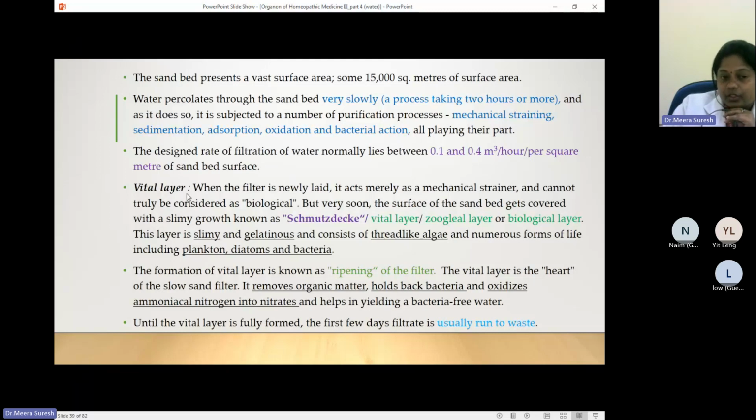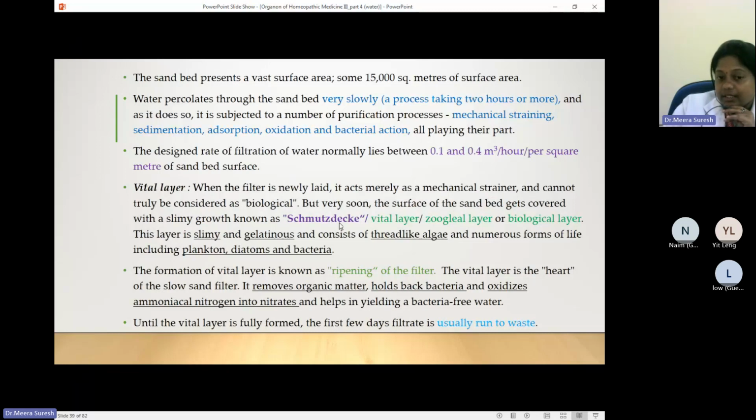Then we have the vital layer, the biological layer, which is the most important one. When the slow sand filter is newly laid, it acts merely like a mechanical strainer and cannot be considered truly biological. But very soon, the surface of the sand bed gets covered with a slimy growth.